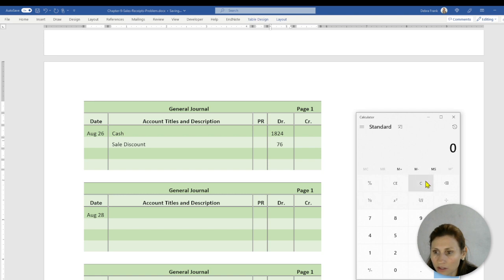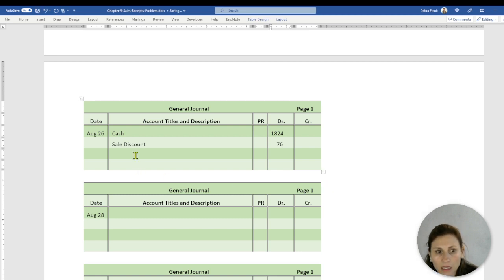Again, that was the 1,900 times 0.04. And then we're going to credit accounts receivable for Figs the 4,000, the full amount, right? We always do the full amount.